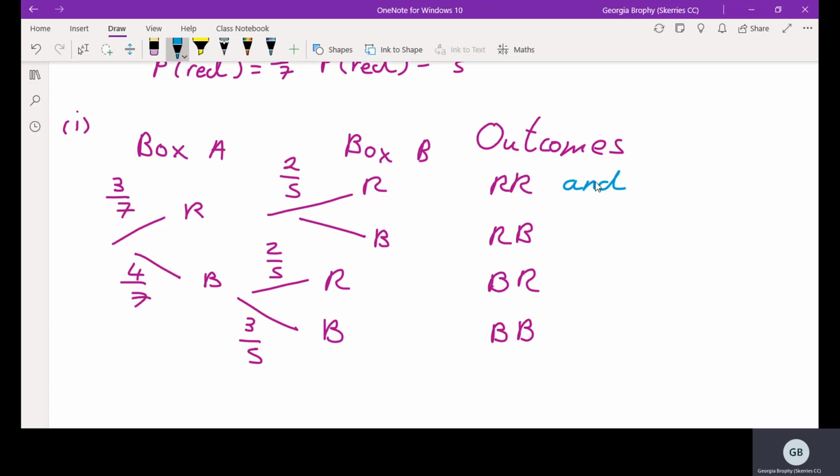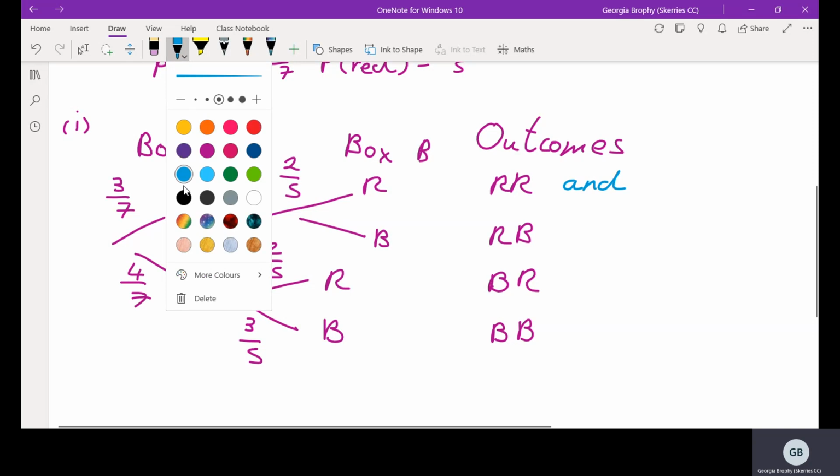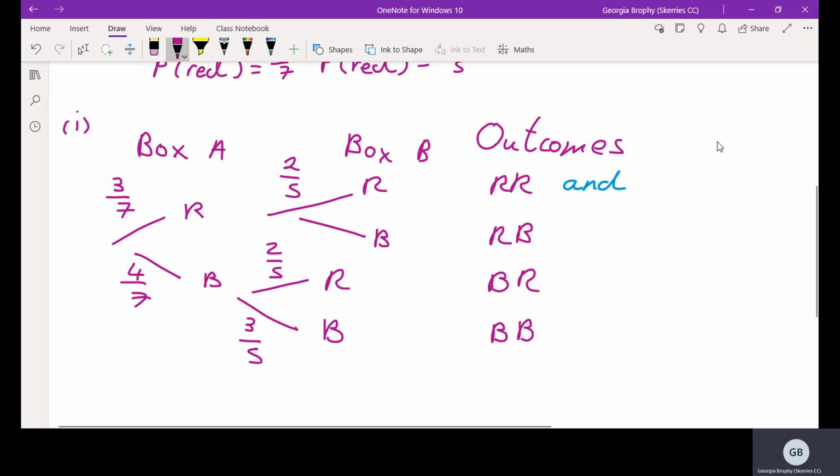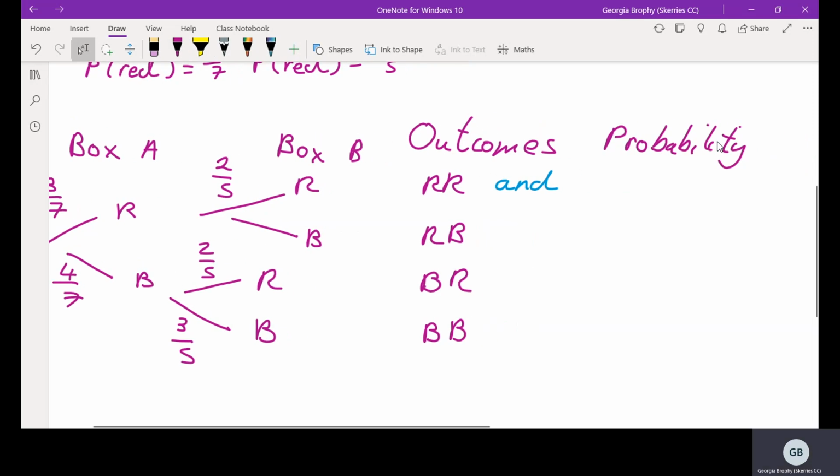They haven't asked us to do this for this question, but I'm going to just do it anyway. It'll come into the second part, if we were to calculate our probabilities. We said when we see the word and, we multiply.